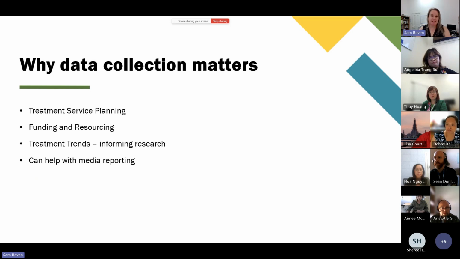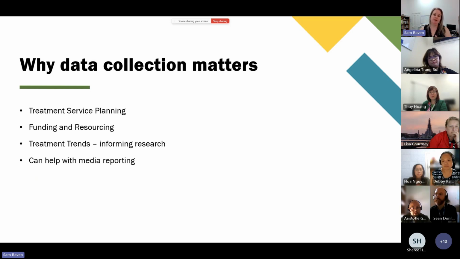It helps to inform funding and resourcing, where funds should be put, where resources should be put. Of course, there's never enough funding and there's never enough resources to meet demand, but it does help to make some decisions about where and what kinds of things should be funded.